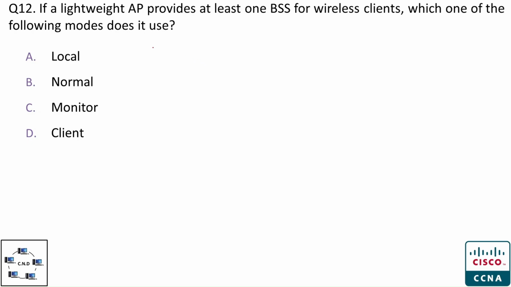Question number 12. If a lightweight access point provides at least one BSS for wireless clients, which of the following modes does it use? And the options are option A local, option B normal, option C monitor, and option D client. And the correct option is option A local.